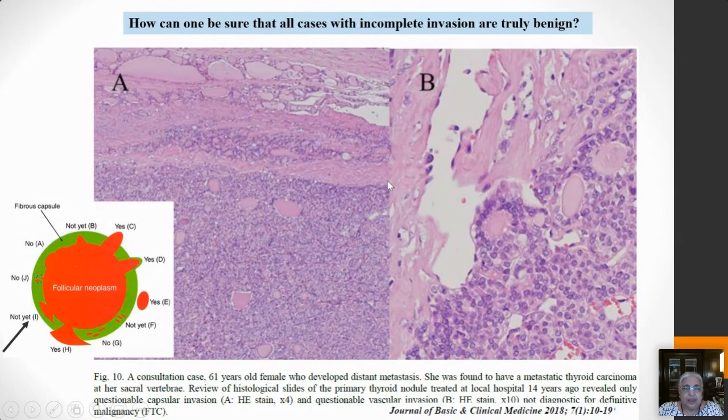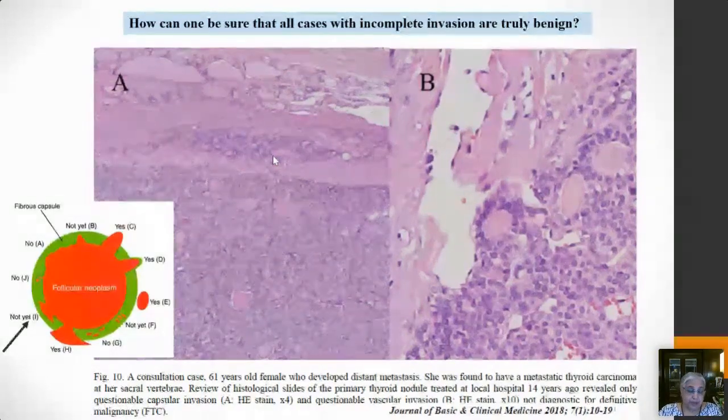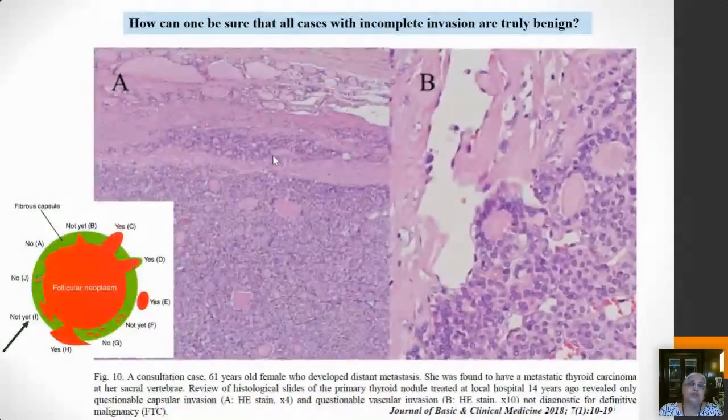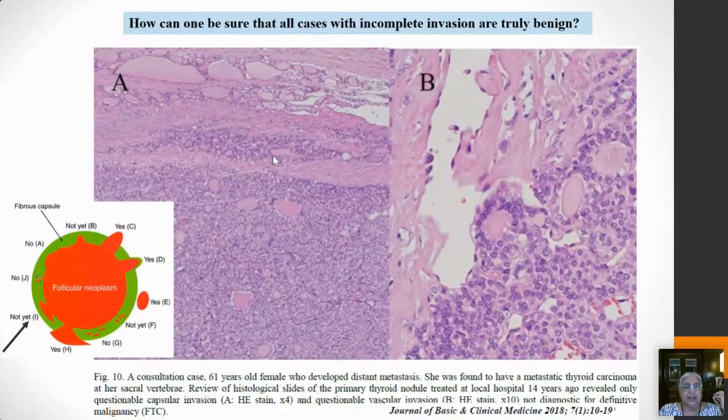So her tumor was not considered to have been sufficiently invasive, if I may use that term, to actually be an invasive, minimally invasive follicular carcinoma. It did not reach the level of the criteria that were required.